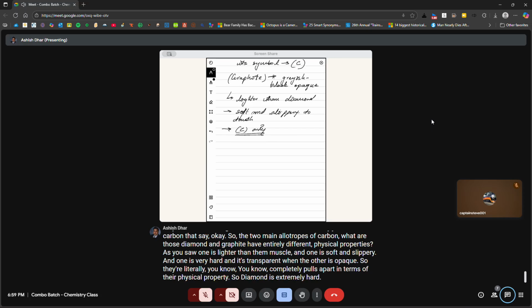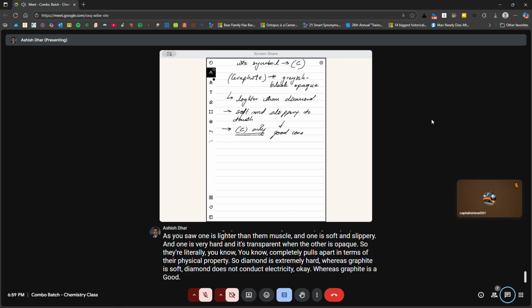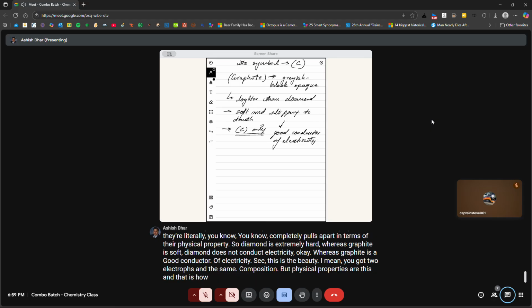Diamond is extremely hard, whereas graphite is soft. Diamond does not conduct electricity, whereas graphite is a good conductor of electricity. See, this is the beauty. Two allotropes have the same composition, but their physical properties are so different. Okay.